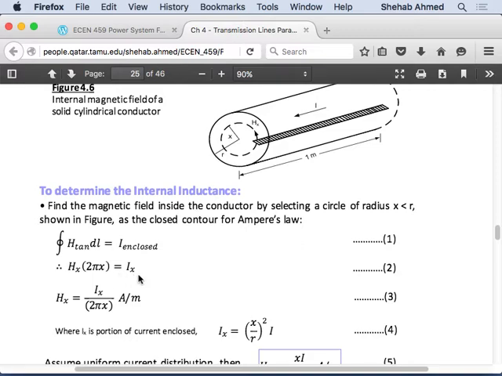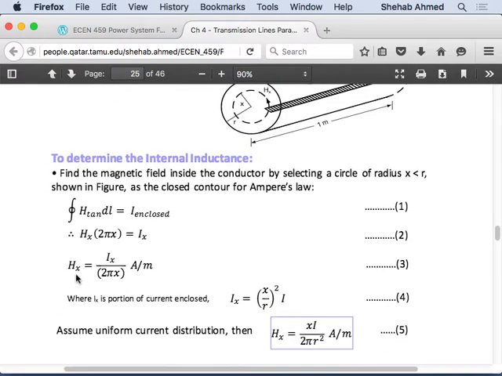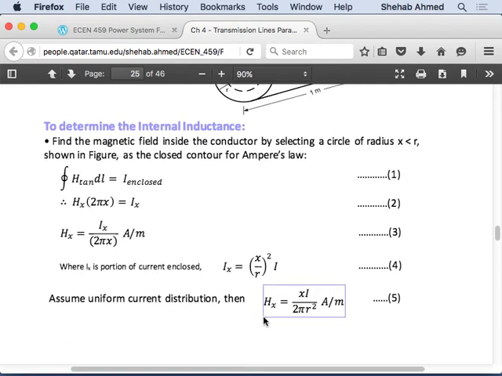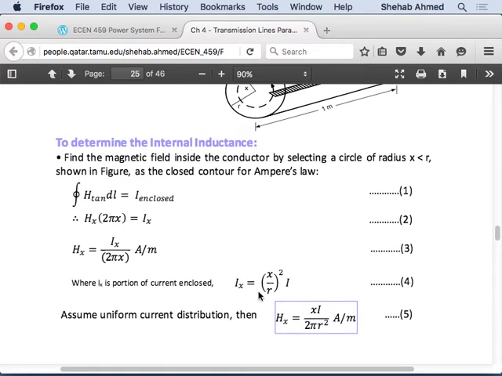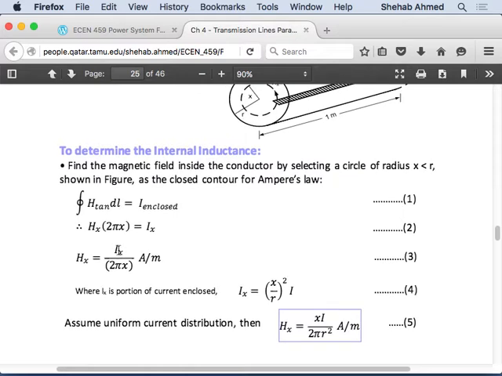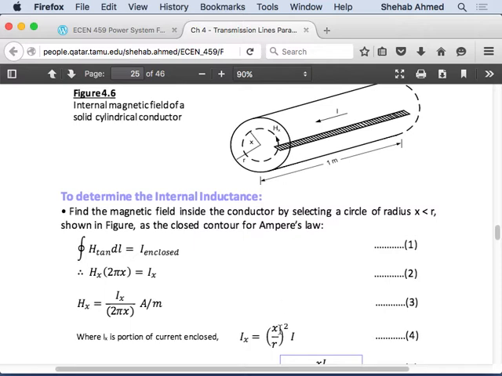It's a portion of the large current. So we calculated H. And then from H, again, it's a portion of the current, so we can remove Ix and write Ix in terms of I. Ix in terms of I is the ratio of the areas, because we said that the current density is constant in this conductor, meaning the ratio between the current flowing in this area and the current flowing in the large conductor is the ratio of the areas, because the current per centimeter squared is fixed.